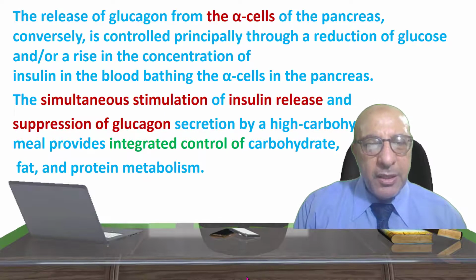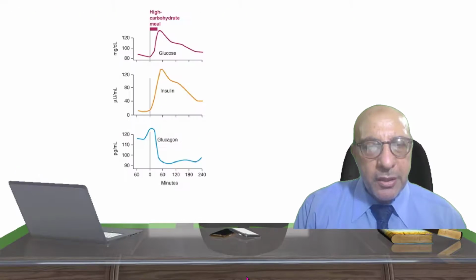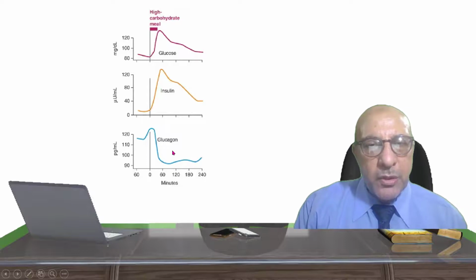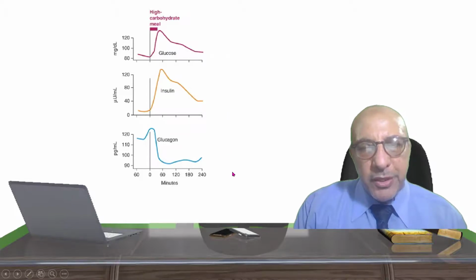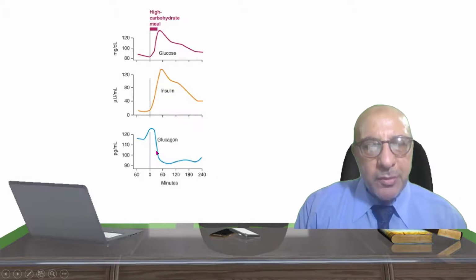We can see clearly here the relation between the glucose level and the hormones. If after meals the glucose is rising, as you can see in the upper part of this figure, insulin will rise and help to keep excess glucose in the storage forms we discussed before. At the same time, glucagon will decrease since there is no need for it when there is excess glucose in the blood.